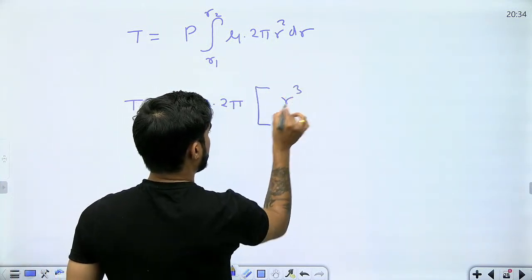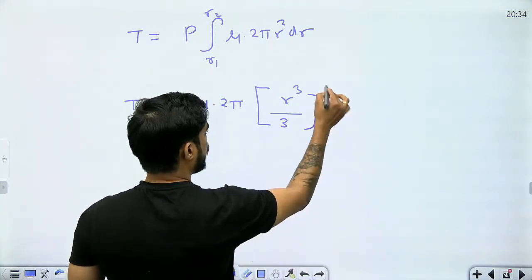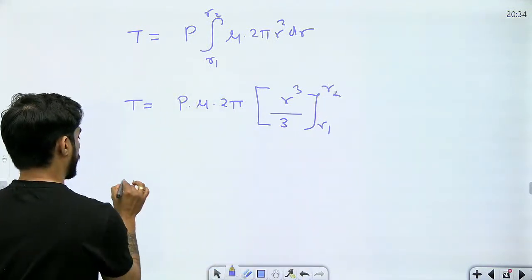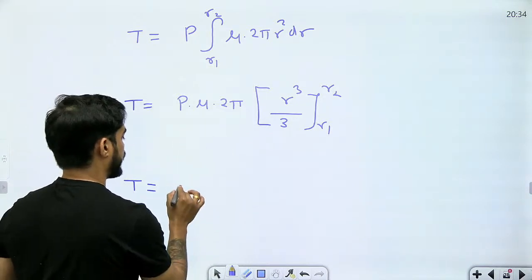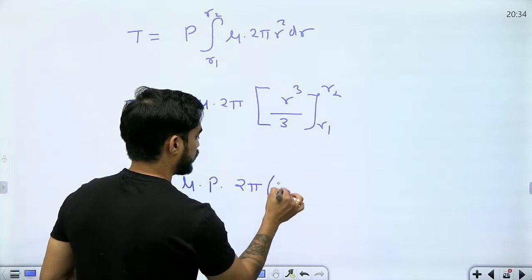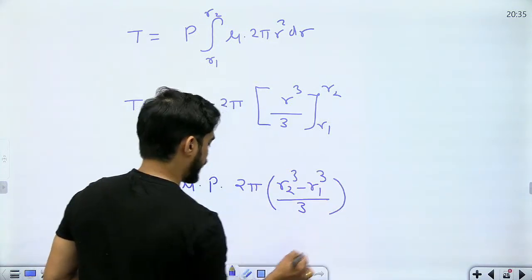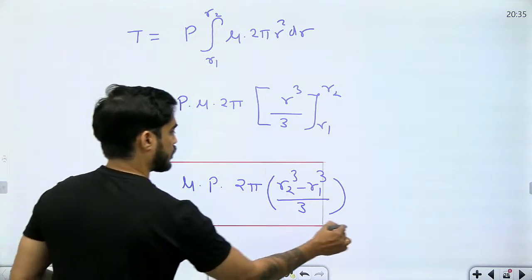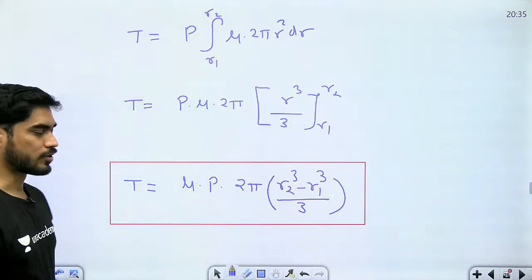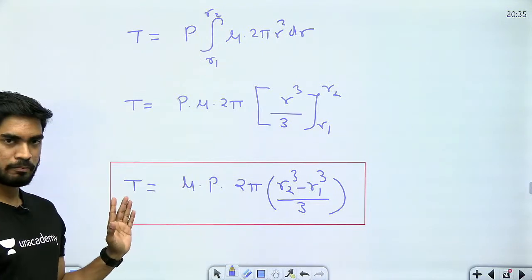This will become R cube by 3 from R1 to R2. So you are going to get mu into P into 2 pi into R2 cube minus R1 cube divided by 3. So this is the relation between T and P.